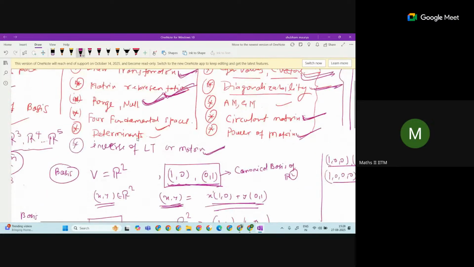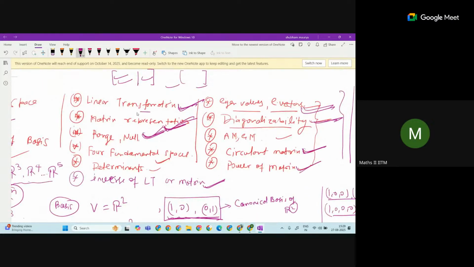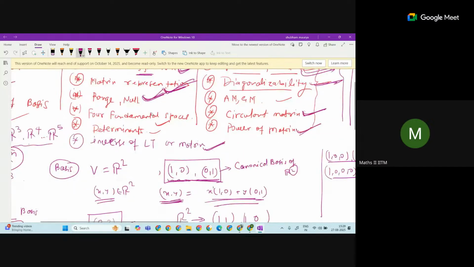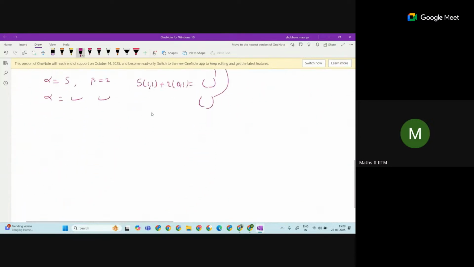We'll see the change of basis in the case of linear transformation also. There is another change of basis term there with the linear transformation. So let's look at the linear transformation now. These are some very concise definitions of span, basis, change of basis, canonical basis, linear combination, dependent and independent.